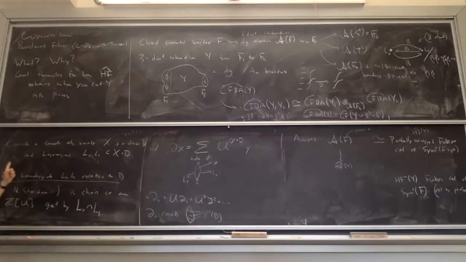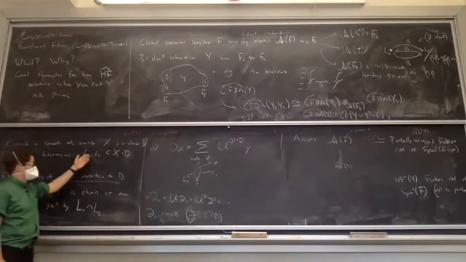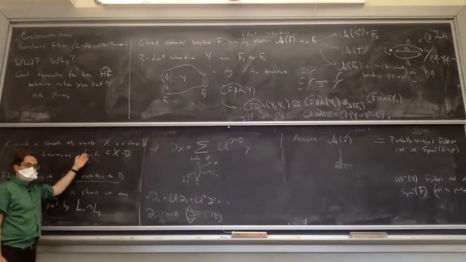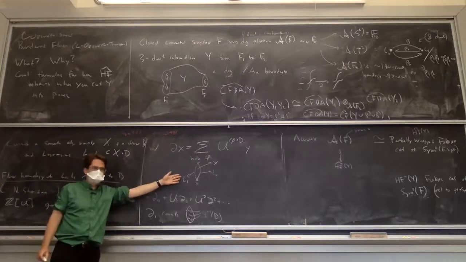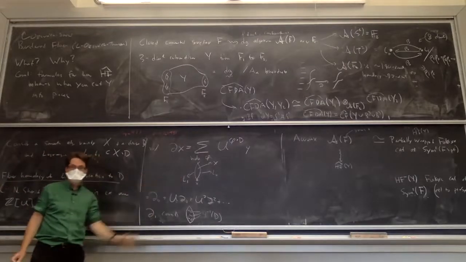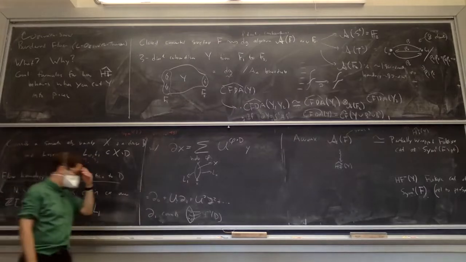Fine. So then you can look at a whole relative Fukaya category generated by Lagrangians that are in the complement of D. You can do this with the composition operations and so on. Okay.